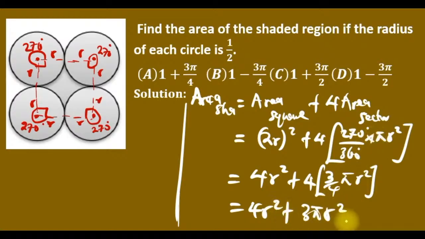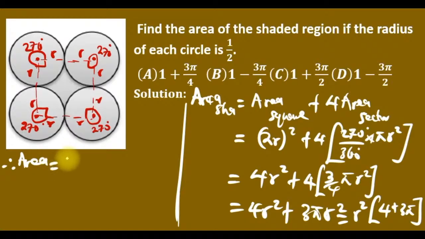Okay, let's factor the common terms. We have r squared, so we are left with 4 plus 3 pi. So the radius is half, so therefore the area is 1 over 2 squared times 4 plus 3 pi.